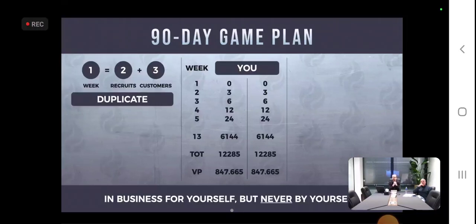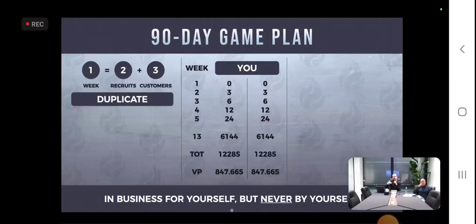Which means that in week 3, you have a total of 6 customers in both lines. And this duplicates on. In week 4, you have 12 customers. In week 5, you have 24 customers. And this goes on in weeks 6, 7, 8, 9, 10, 11, 12, and 13. And why 13 weeks? Because 13 weeks is 90 days.